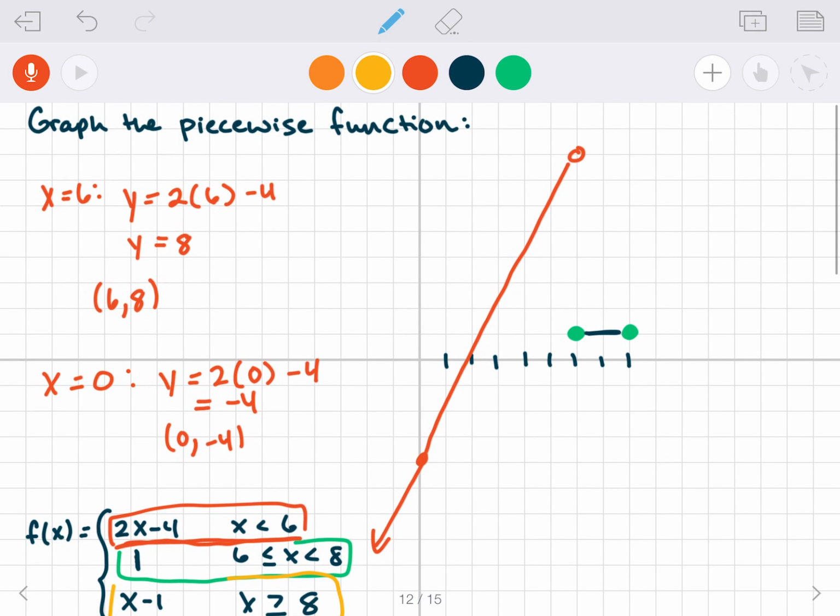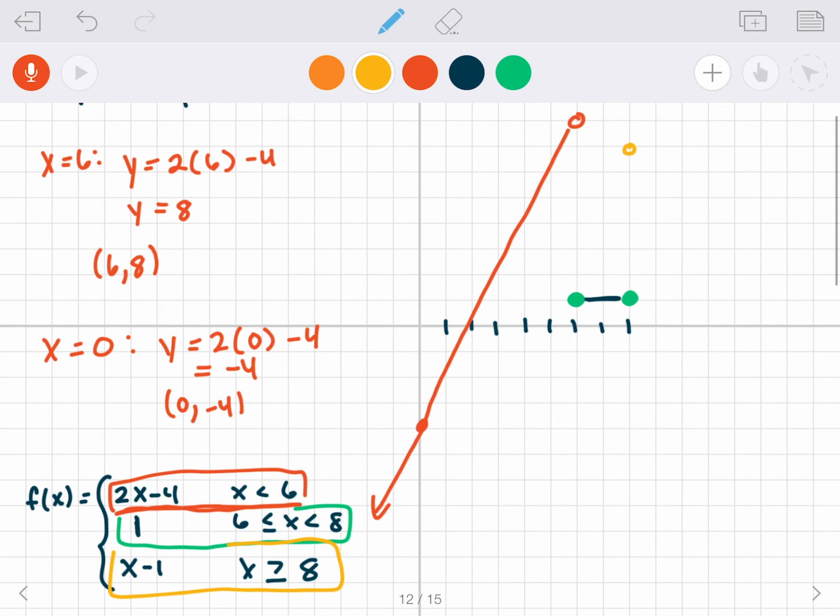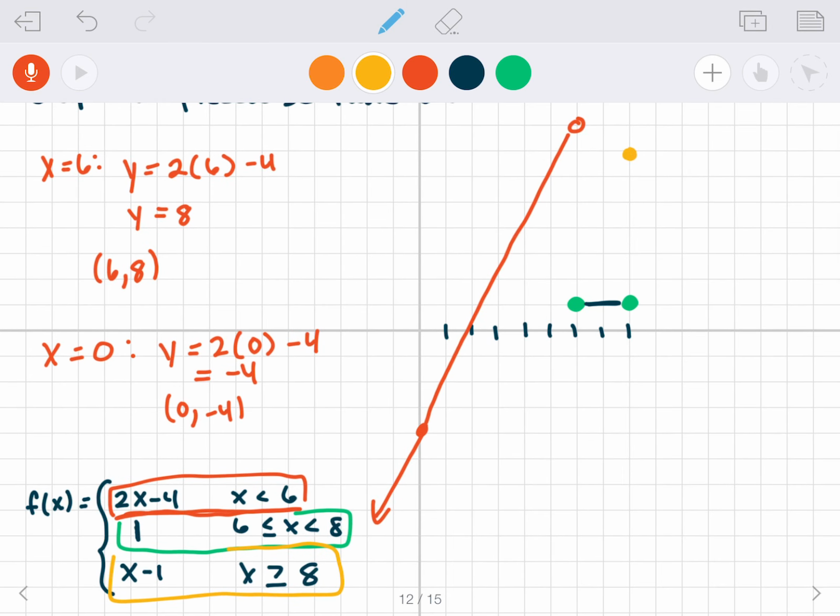So let's see, 1, 2, 3, 4, 5, 6, 7, 8, and then up, 1, 2, 3, 4, 5, 6, 7. Okay? And that's going to be a closed dot, because we have greater than or equal to.